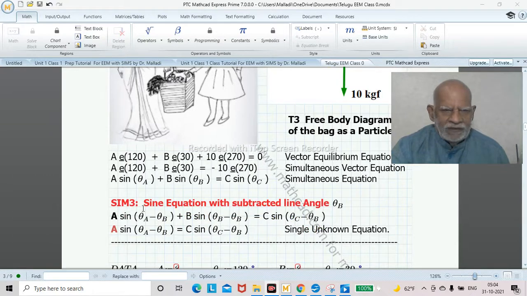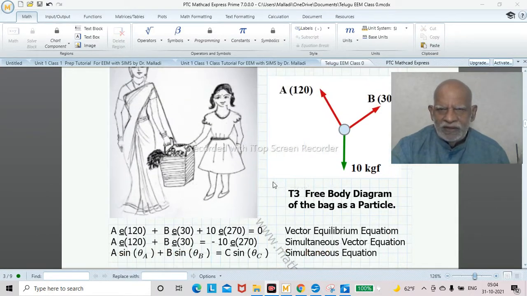So I apply a sine equation with subtracted angle theta B. I can use theta A or theta B. I choose theta B. When I subtract the angle, it amounts to rotating the whole set of the three forces by 30 degrees clockwise. So B becomes horizontal, A becomes vertical, and this turns to angle 240. Now 270 minus 30.